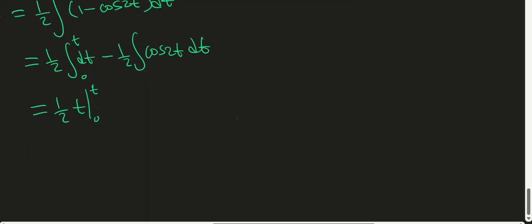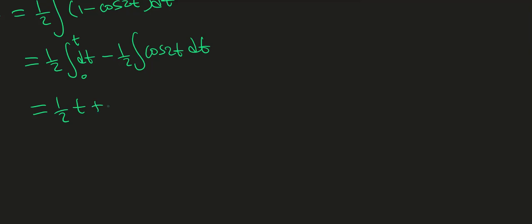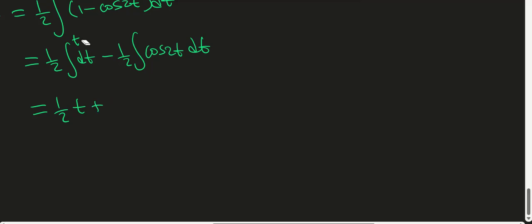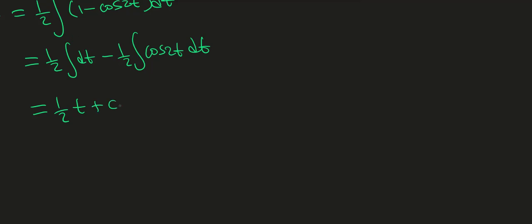But since there is nothing there, we add a constant, plus c1, minus 1 over 2 integral of cos 2t.